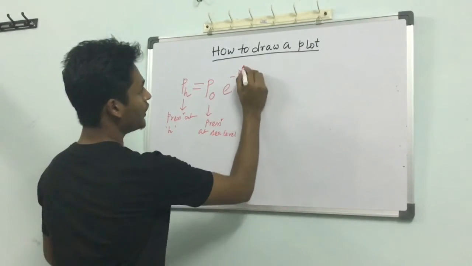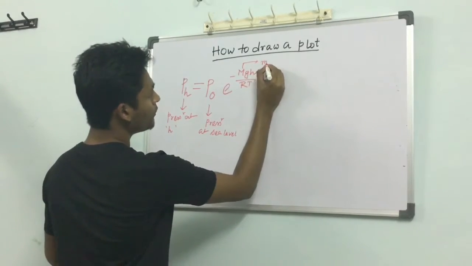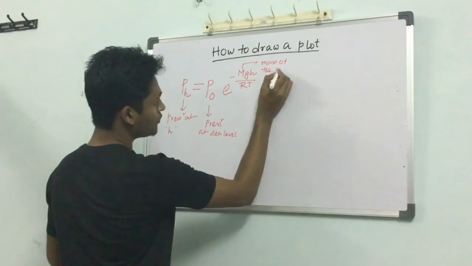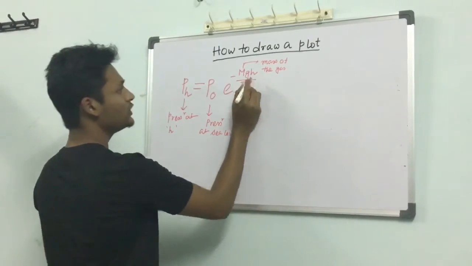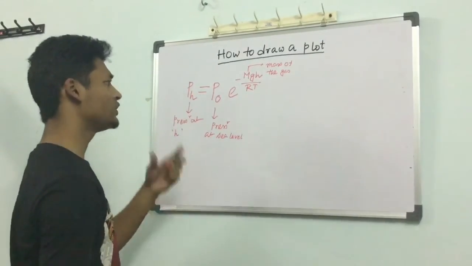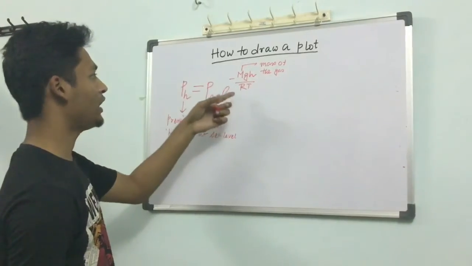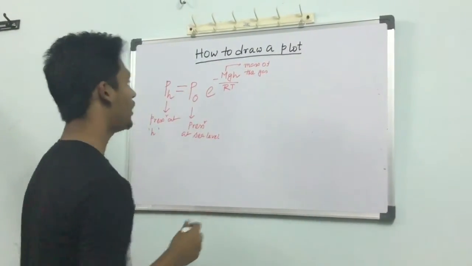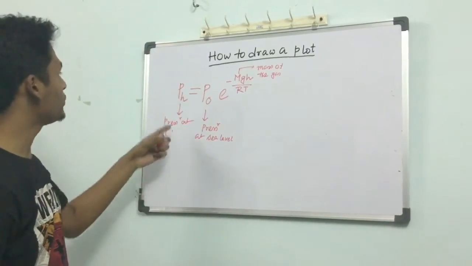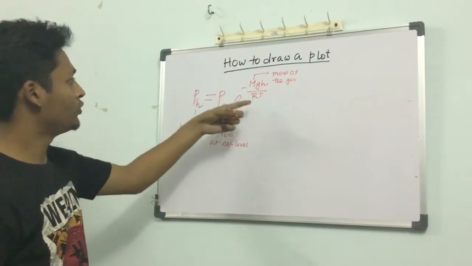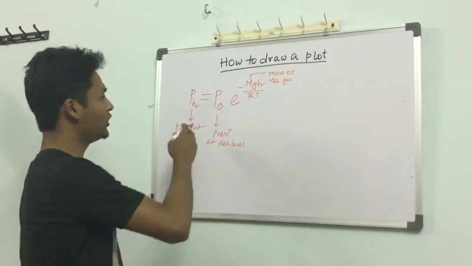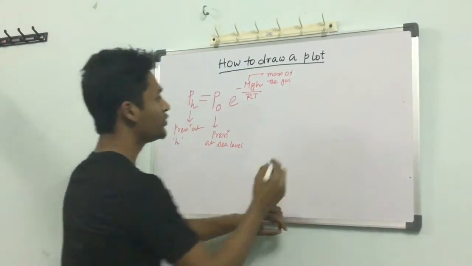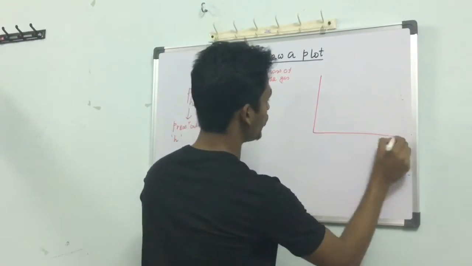Okay, and M is the mass of the gas, g is the acceleration due to gravity, h is the height, R is the universal gas constant, and T is temperature. So if someone asks you to draw a plot between P_h with T, or with 1 by T, or with h, let me draw you first the P versus h plot.